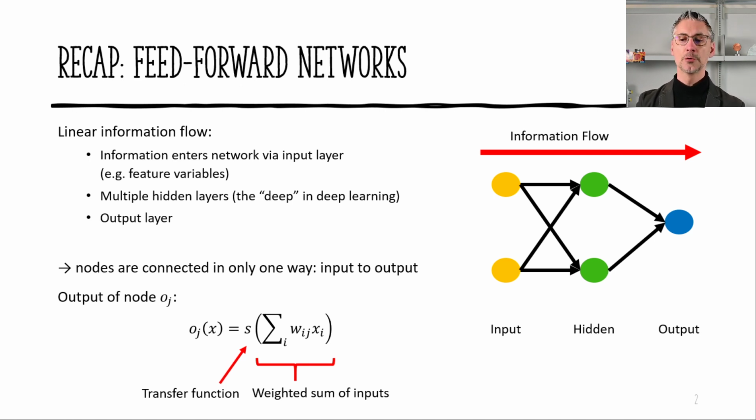That means the nodes are connected in only one way. These are the weights. They connect the nodes from input to output. And this was the formula for an output node j in a given intermediate or output layer. We have the output that is given as a function of the input x, and the values of those feature variables, for example, are summed up as an average combined with weights.